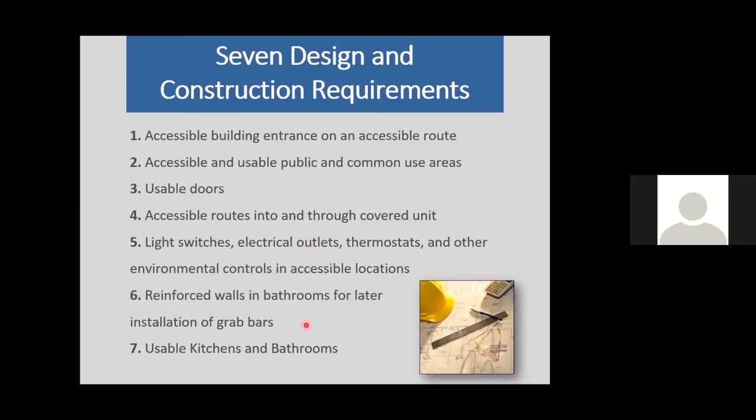There needs to be reinforcing in the bathroom walls for later grab bars, and usable kitchens and bathrooms, not necessarily accessible. What the statute is doing here is building a framework for a unit that hopefully could be modified rather easily and at a reasonable expense for someone who may need to heighten their features.